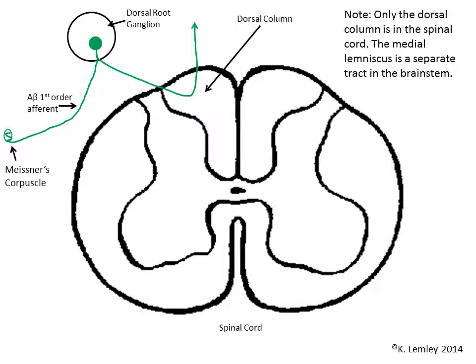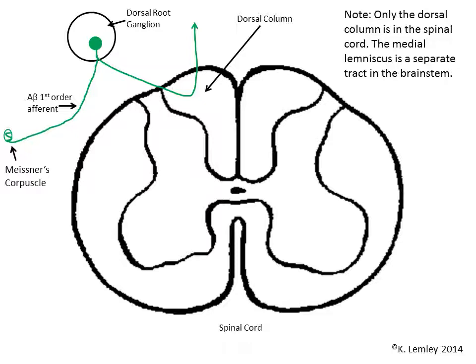Here we have our first order afferent. I chose Meissner's corpuscle. You could select any of the discriminative touch receptors. We have our A beta first order afferent, cell body situated in the dorsal root ganglion. But you can see how the central axon doesn't go into the dorsal horn, but instead enters the dorsal column.